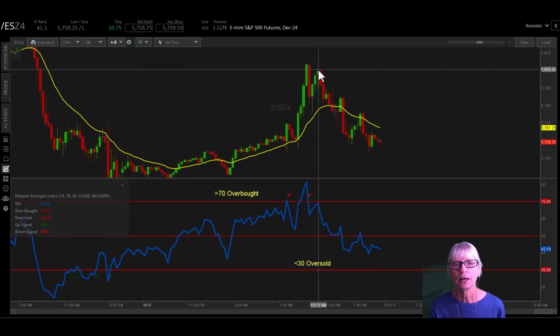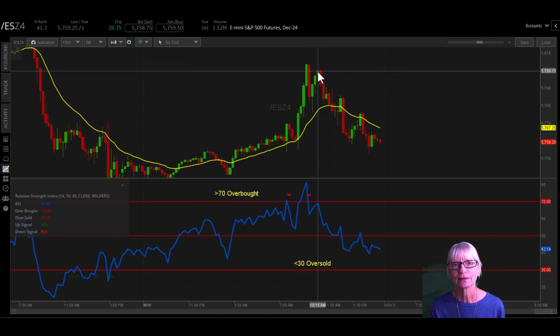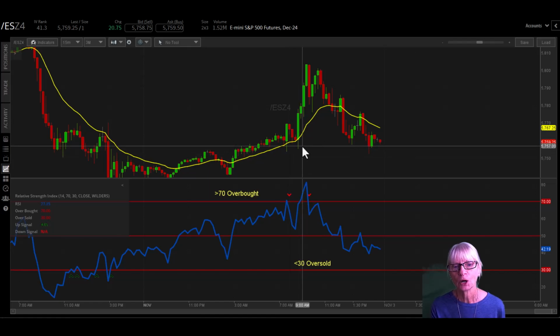But when it came back up, it couldn't even hit the top of that high. So we had a little trend to the downside beginning. You didn't even have a wick that came up and tested that. So right away we knew that there was weakness to this price action, and sure enough, then it came back down.